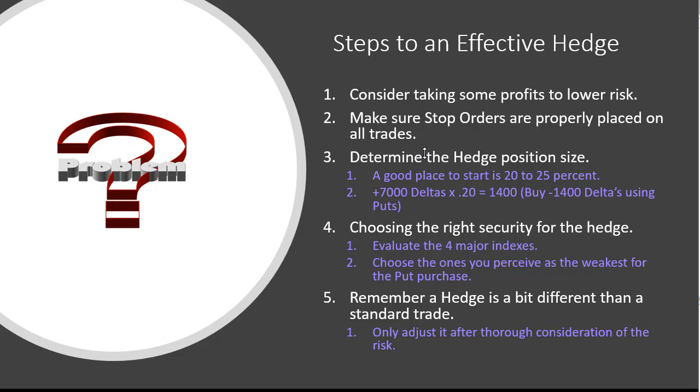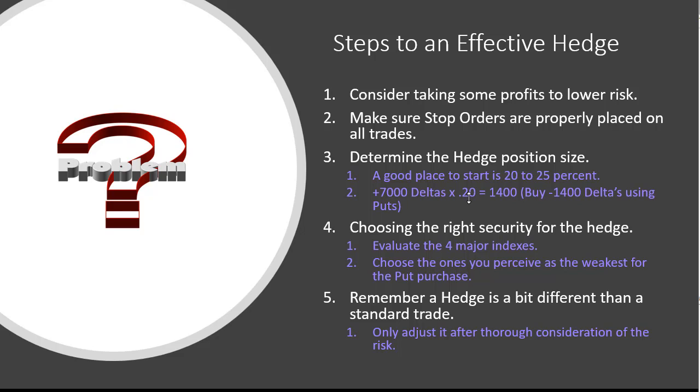Then you're going to determine the hedge size position. Okay? So I said you have 7,000 long deltas. Let's say we work at trying to hedge 20% of those long deltas. Okay, so what we would do is we would go into the market and we would look for put options. And the way I normally do it is I look for put options on what I believe to be the weakest index.